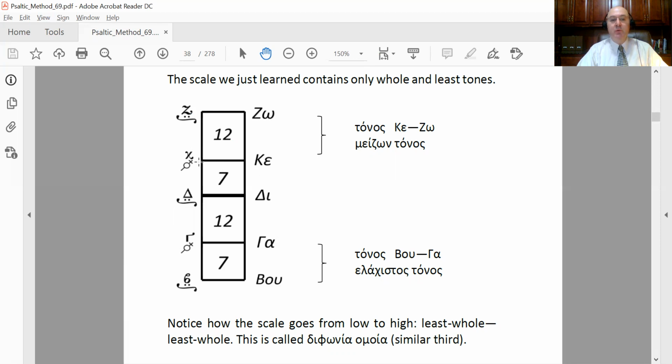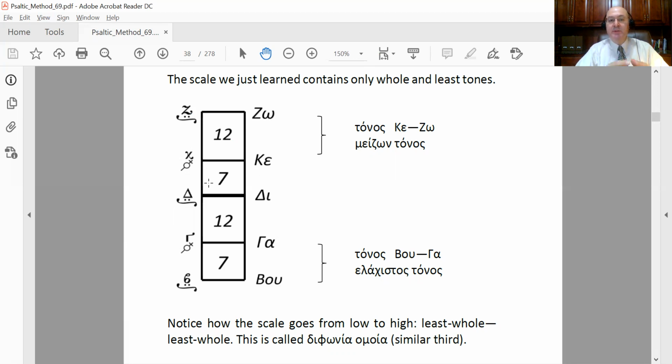And if you want to go from Ke one tone up, this bottom part of the martyria of Ke tells you that one up is 12 and one below is 7. So that is, in a nutshell, what these martyrias mean.